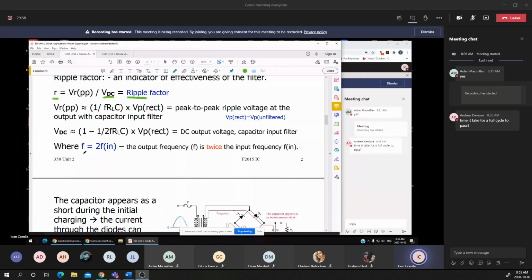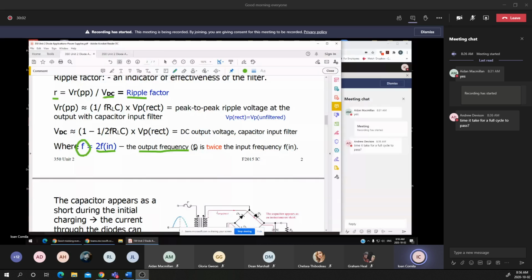Now, pay attention to those details. It's the frequency for a full wave rectifier, or twice the frequency of the input voltage. The frequency of the output. That's why I made a clarification in terms of the frequency.